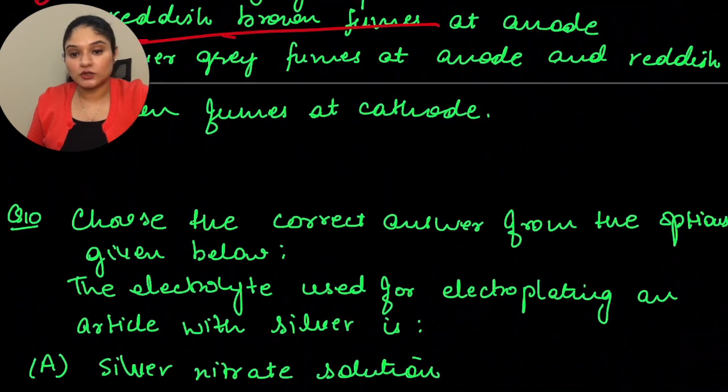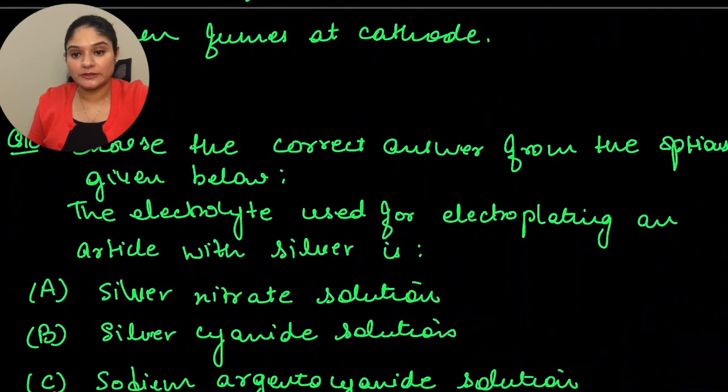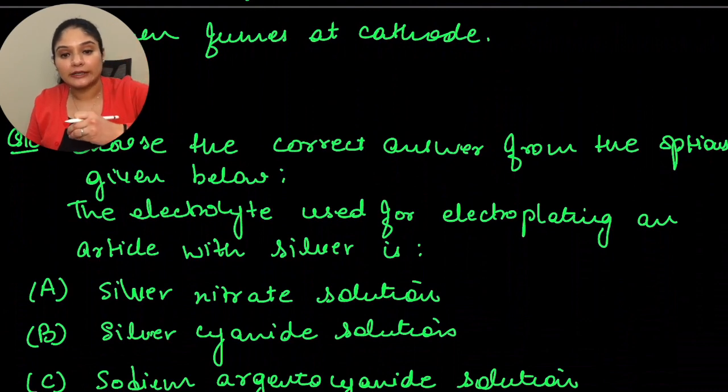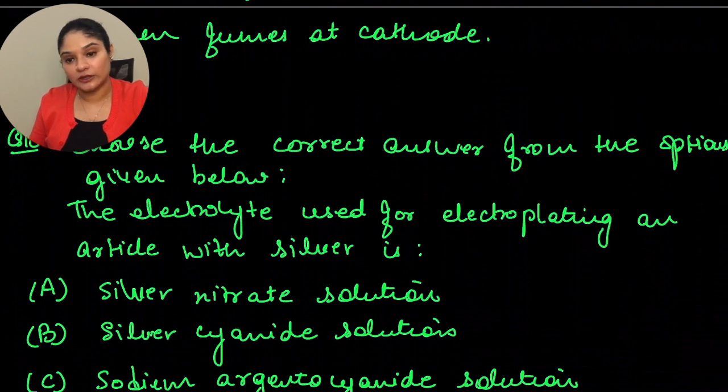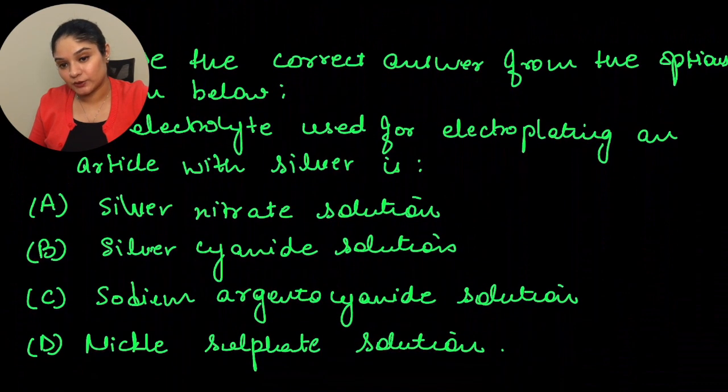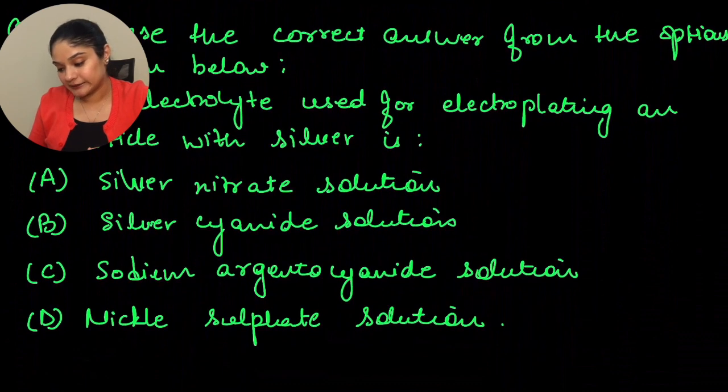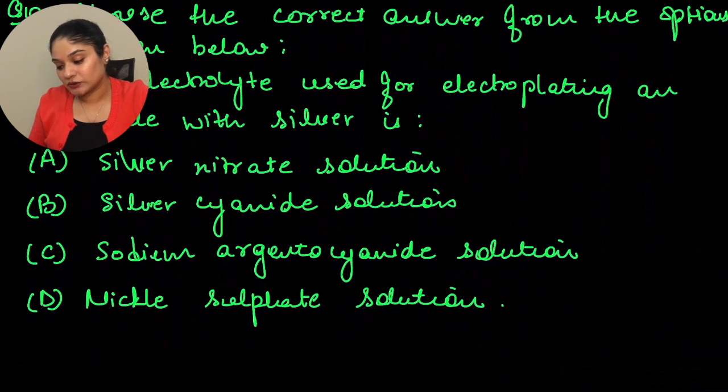The next question is, choose the correct answer from the options given below. The electrolyte used for electroplating an article with silver is what? The options are silver nitrate solution, silver cyanide solution, sodium argentocyanide solution, and nickel sulfate solution.